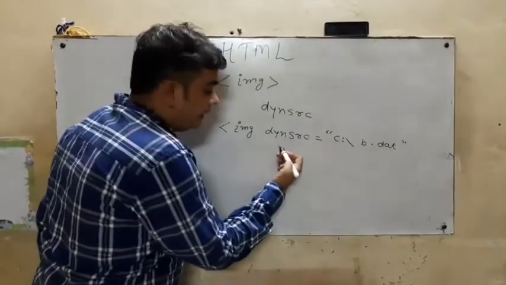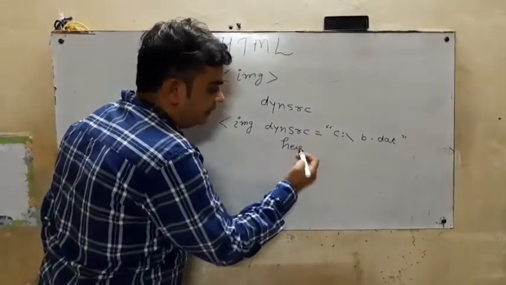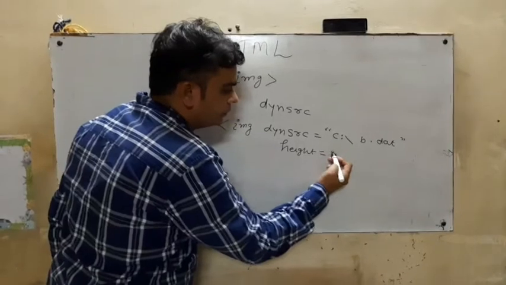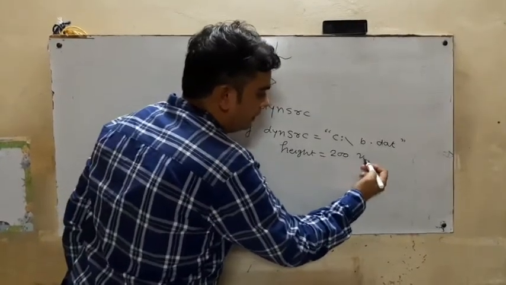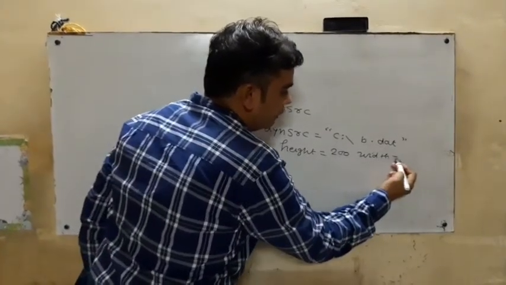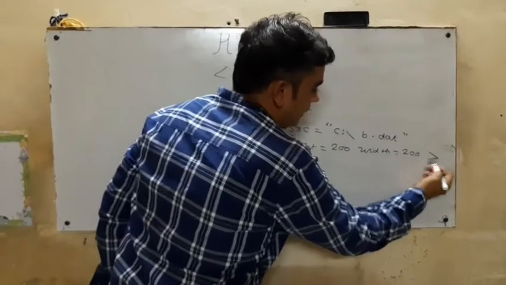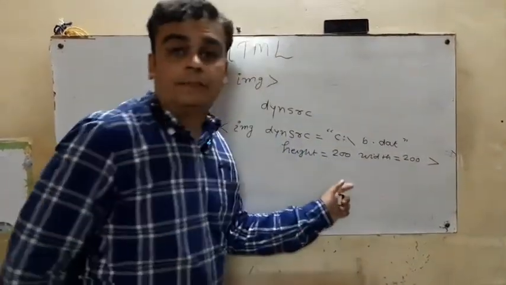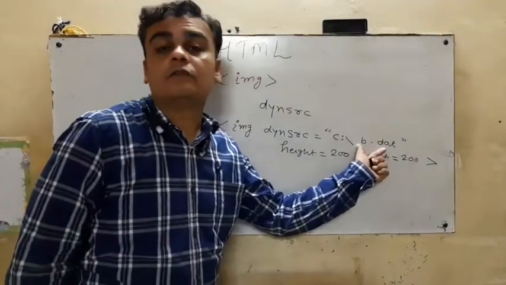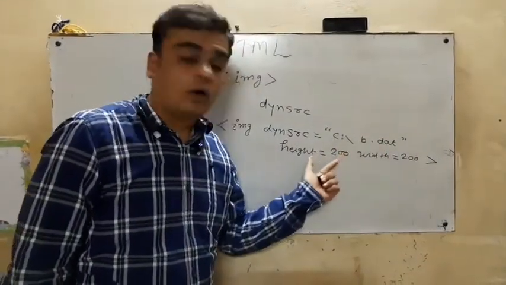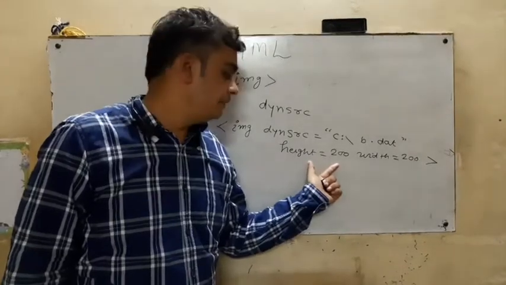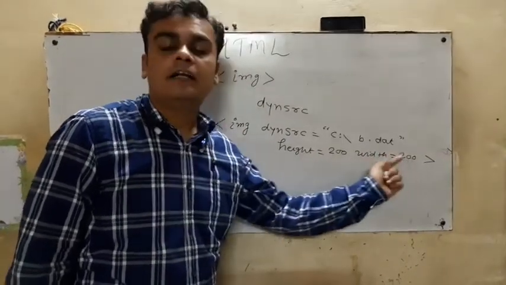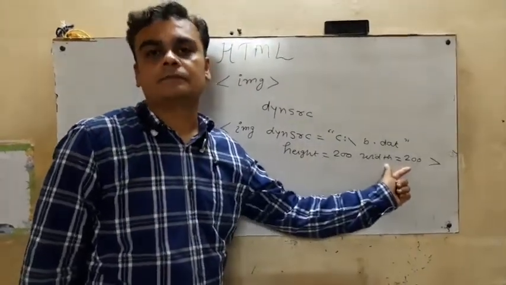Thereafter, we write the height and width attributes. Suppose I use height equal to 200 and width equal to 200, and I close the angle bracket. Then what happens? This video file will play automatically after my web page loads, with height 200 and width 200 pixels.